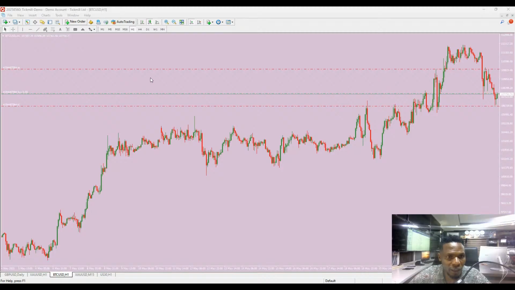So for buy limit, buy limit simply means let's assume now price is selling, is going down, right? And you are saying that once price gets here, it should go up. Then you set a buy limit order.